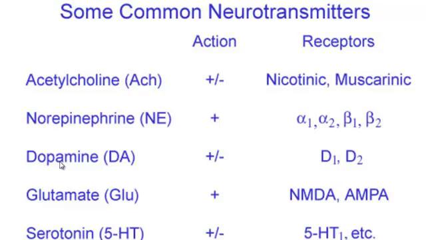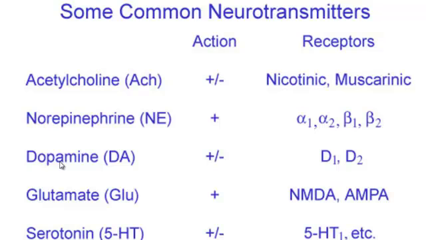Dopamine, very, very common neurotransmitter. We'll talk about that when we talk about schizophrenia, attention deficit hyperactivity disorder, Parkinson's disease, addiction, and it can be both excitatory and inhibitory. Now, what's nice about these receptors is these are just D1, D2, D3, D4. And these different types of receptors will be important when we talk about antipsychotics.